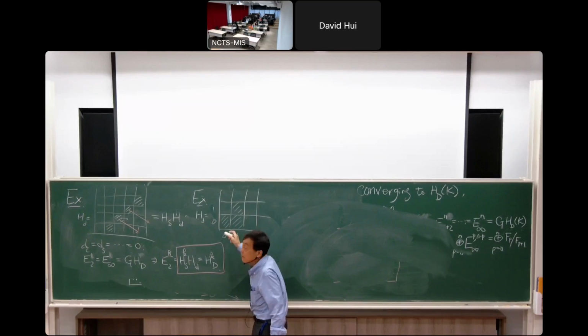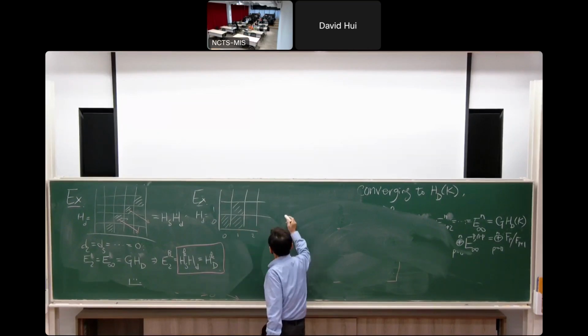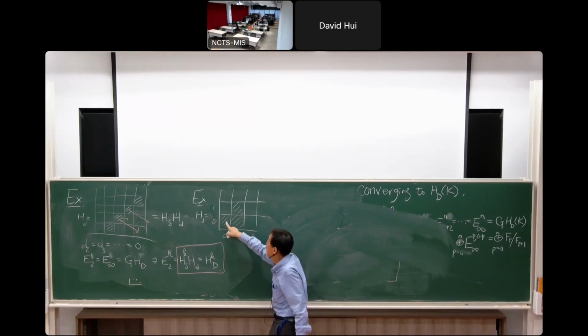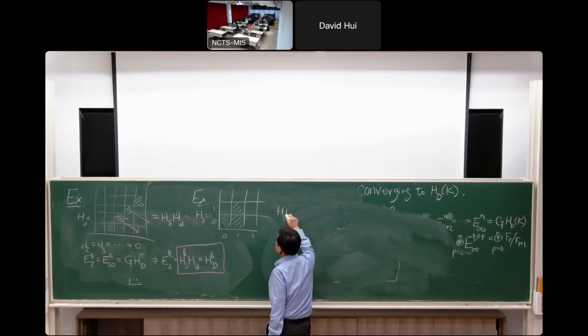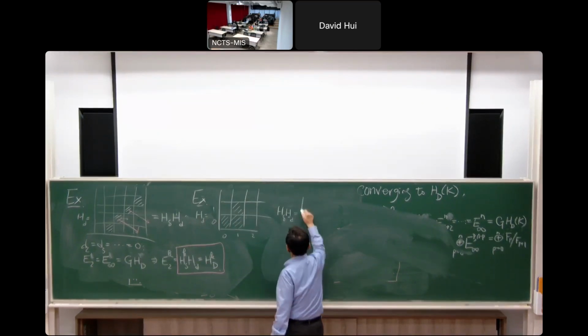And then H delta will have the same shape, but the contents might be different because you have to take the kernel of this map and so on. But H delta HD has the same shape.